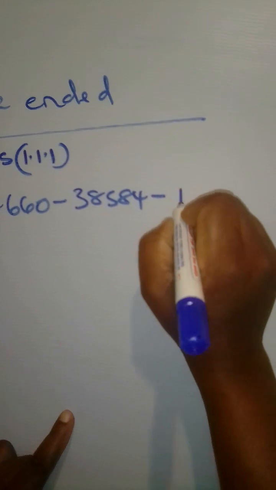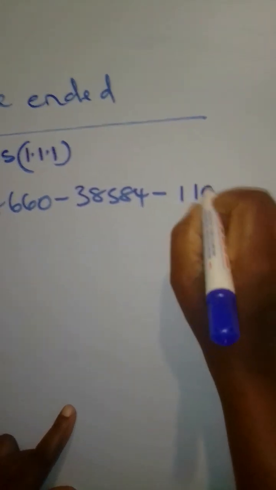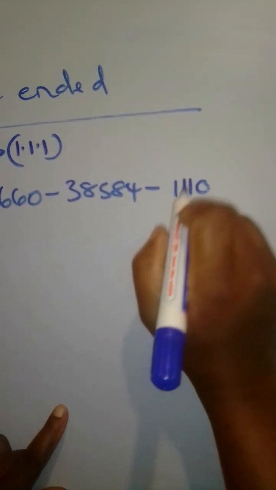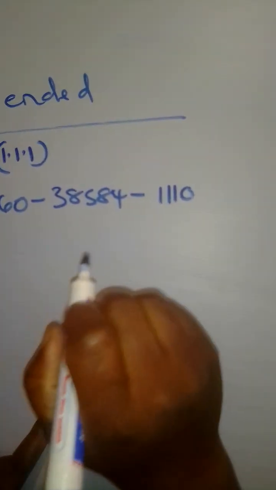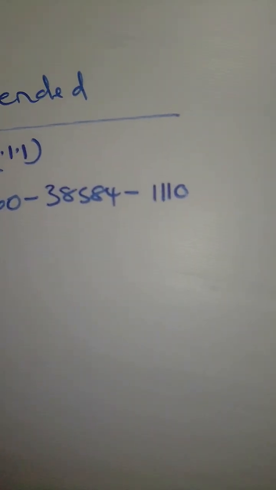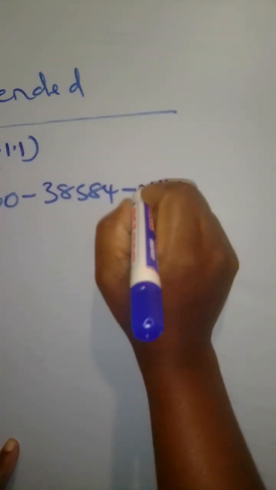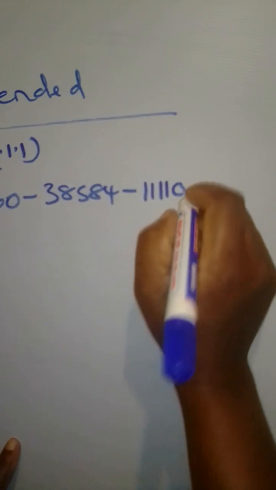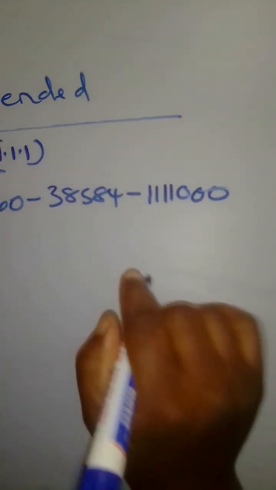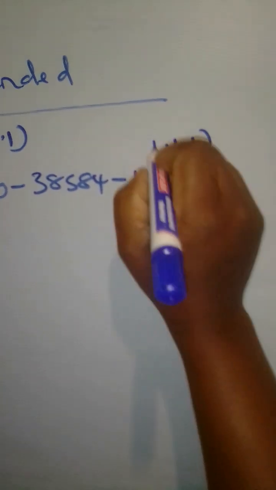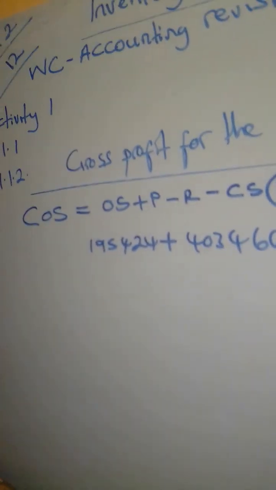Our closing stock was, let me check again, 1,111,000. Sorry, 1,111,000 was our closing stock. Our indicator again is coming from 1.1.1. So this is how we calculate our cost of sales.